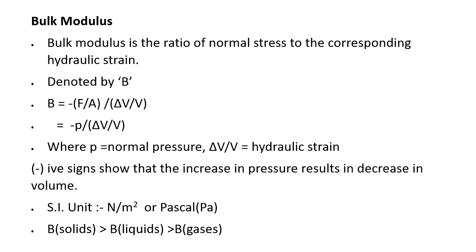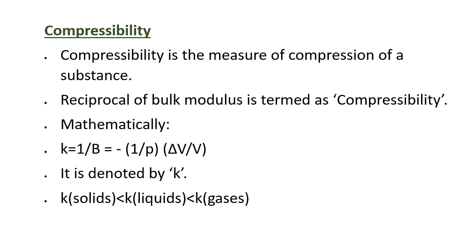The SI unit of bulk modulus is Newton per meter squared or Pascal, and its CGS unit is dyne per centimeter squared, and the dimensional formula is M L^-1 T^-2. And compressibility: the reciprocal of the bulk modulus of a material is called its compressibility.